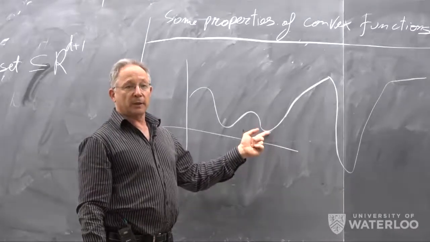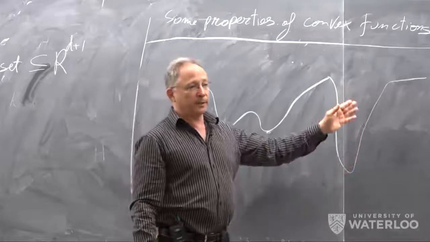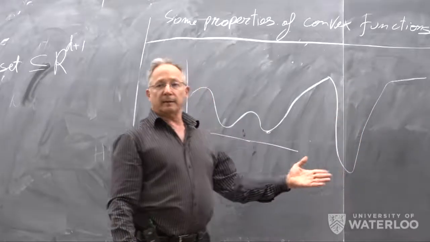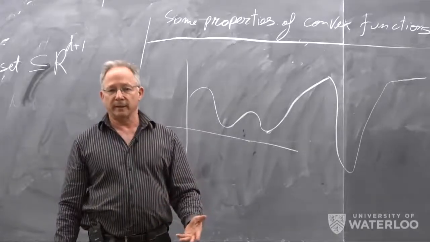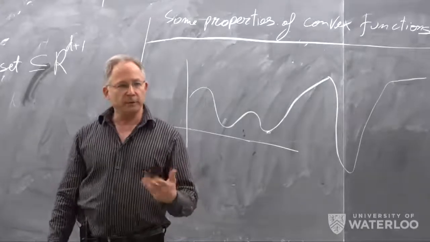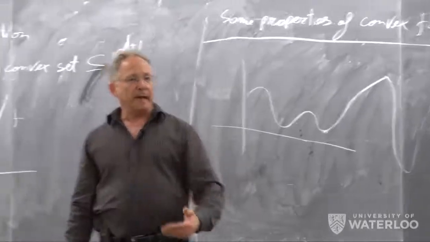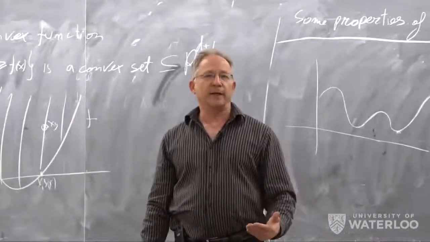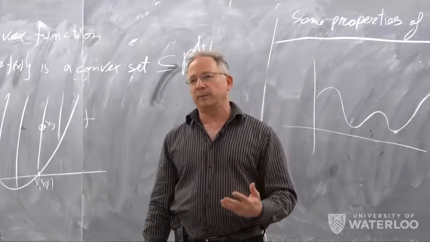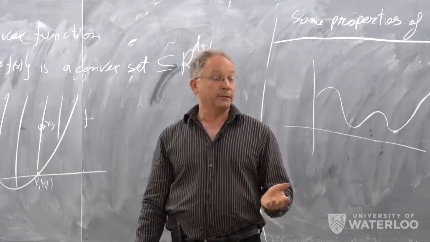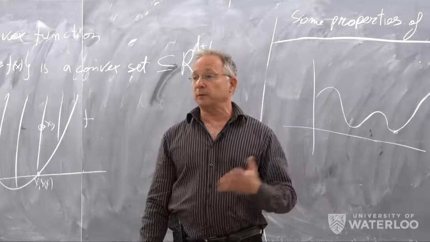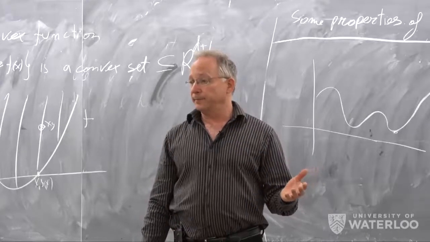If I don't have a local minimum, if any local minimum is a global minimum, then greedy algorithms are not getting stuck. And this is going to be important because we are trying to minimize functions. What functions were we trying to minimize when we were doing learning? The loss. The ERM algorithm is trying to minimize the empirical loss.